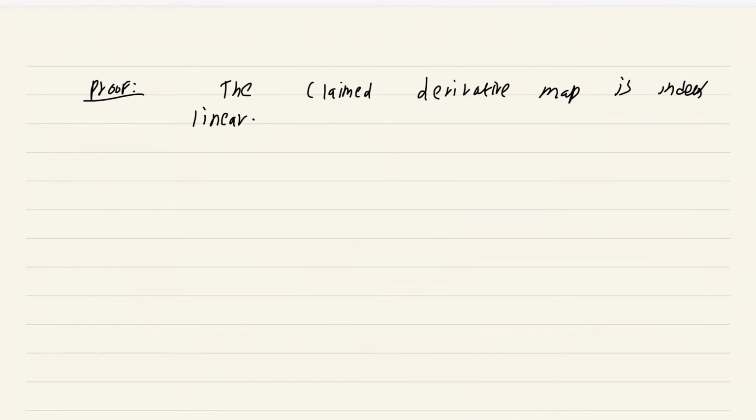The claimed derivative map is indeed linear. I want you to check this. That's quite easy. You just have to use the fact that the place where h occurs, there is a linear map in front of it, and B of course is bilinear, so everything will go through. So the claimed derivative map is indeed linear.